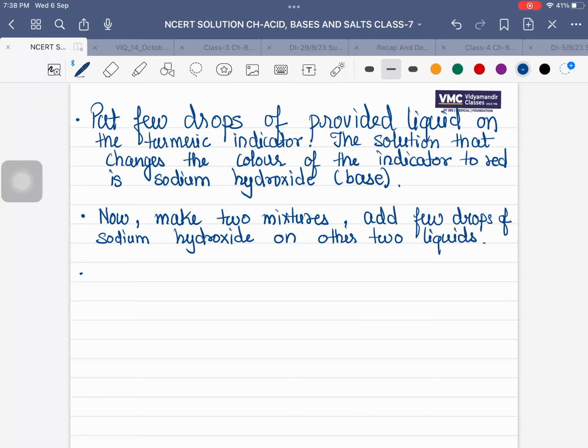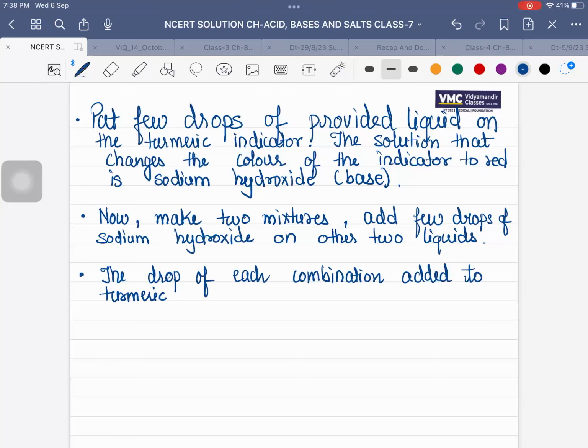So now the drop of each combination is added to turmeric indicator one after another.